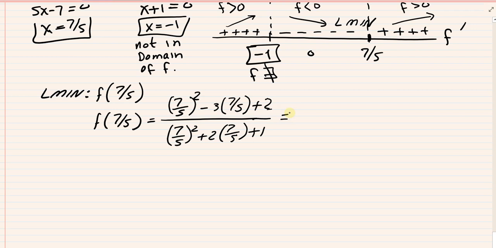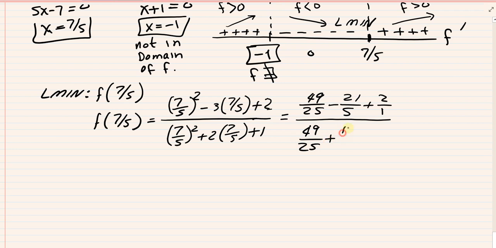Okay, and let's see, that's going to be 49/25 minus 21/5 plus 2. I'll show you a quick way to do this in a moment. This is over 49/25 plus 14/5 plus 1.